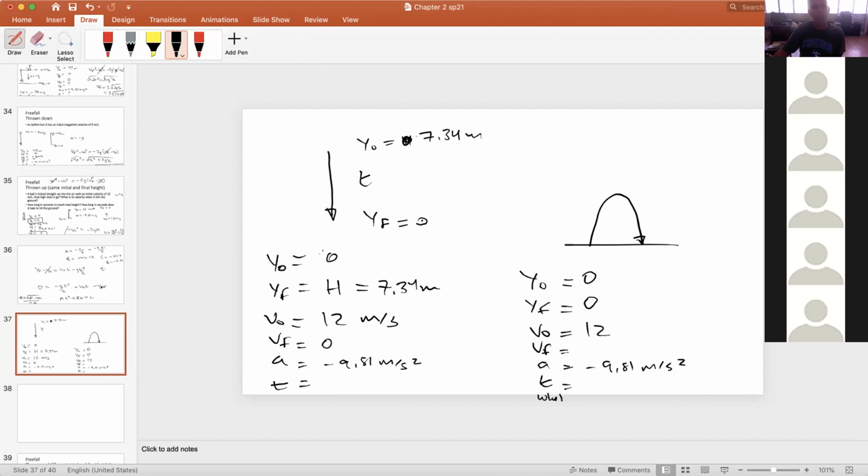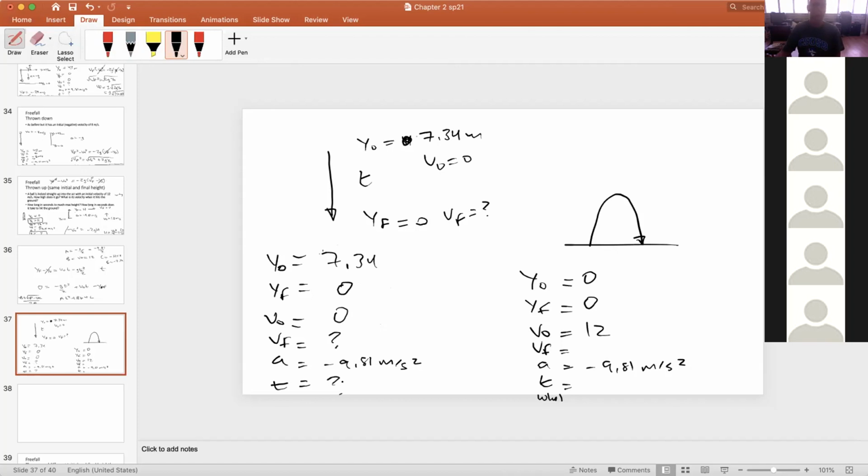Y final will be 0 because it reaches the ground. V initial will be 0 because at the top of its motion it had 0. V final, I don't know yet.